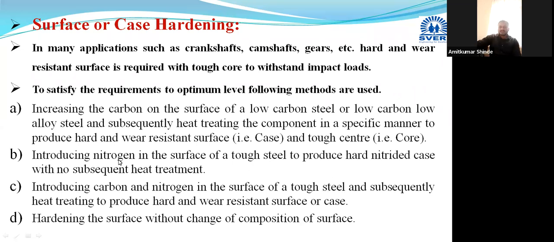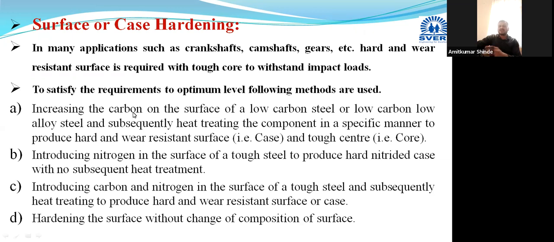So these are the three ways. We are introducing just carbon followed by subsequent heat treatment, or you can go for introduction of nitrogen without any heat treatment, or you can go for introduction of both carbon and nitrogen followed by heat treatment.